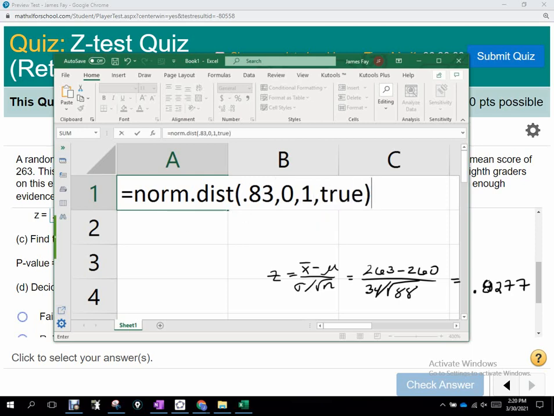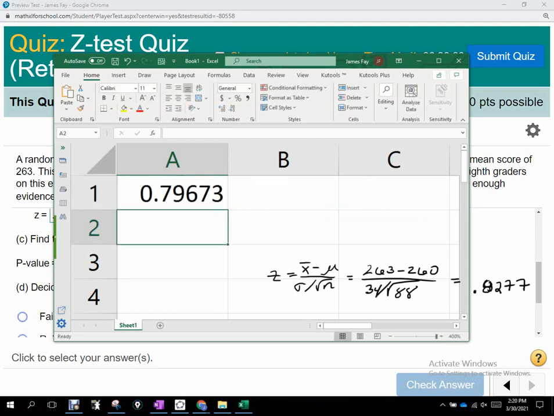Now understand that it's going to give me a left area underneath the curve. We want a right area, correct? So what do I need to do with that number? I need to subtract it from 1.